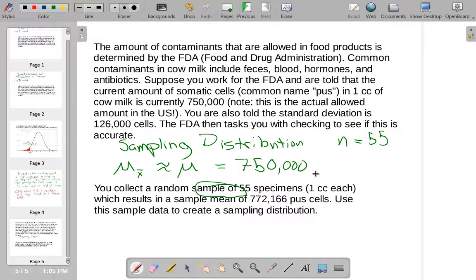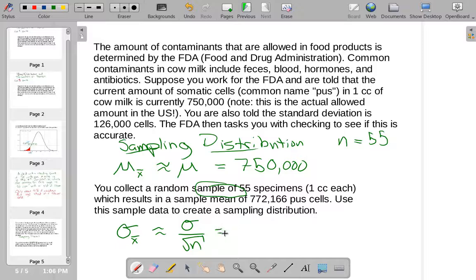The standard deviation of the sampling distribution. That would be sigma with a subscript x bar to indicate I'm talking about sample means, a sampling distribution, a distribution of sample means, is going to be approximately equal to the standard deviation of the population, if you happen to know it, that's a whole other problem, divided by the square root of the sample size.